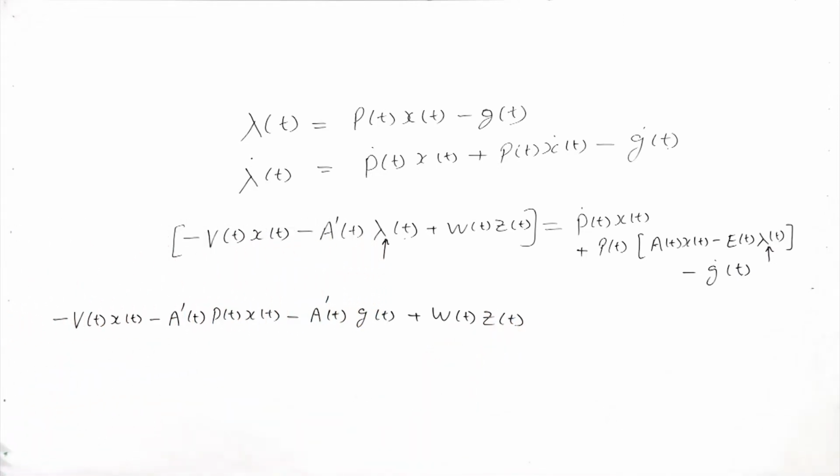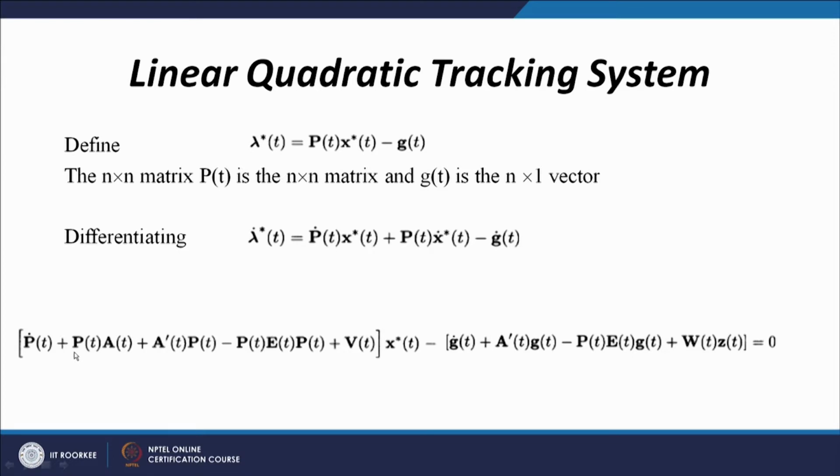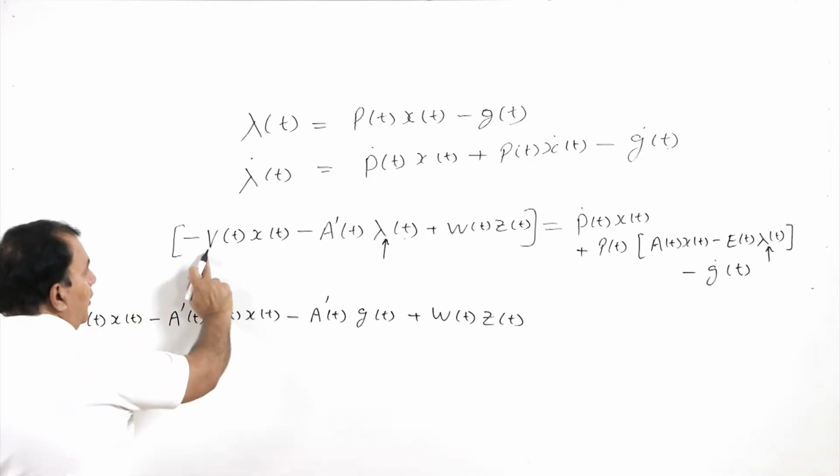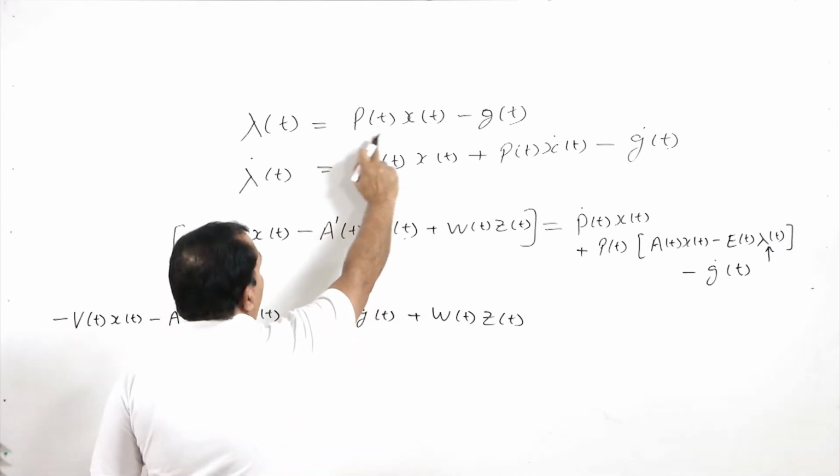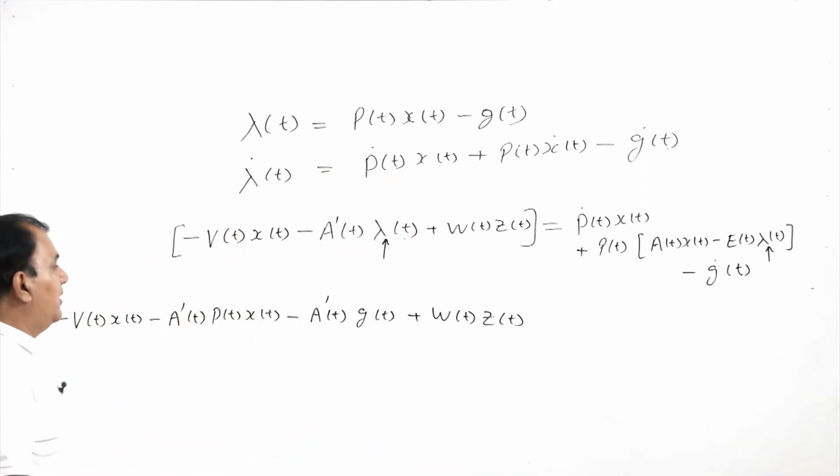So, this is my left hand side, p dot t. I will return to this later on. In this equation this lambda t is replaced by p t x t minus g t.